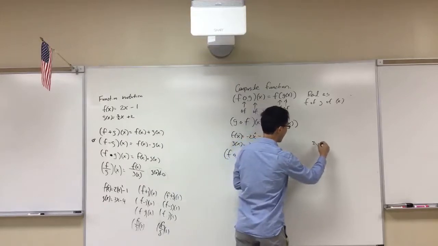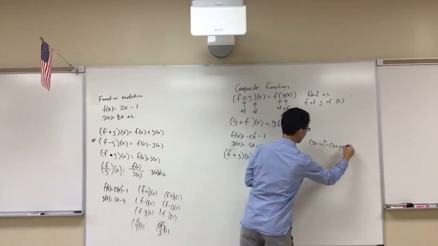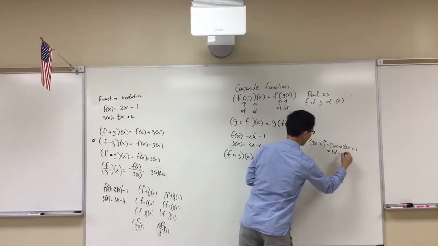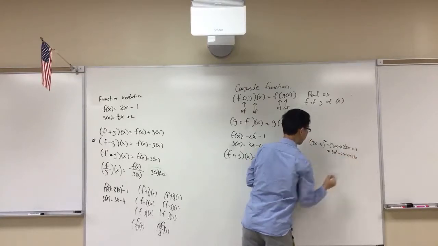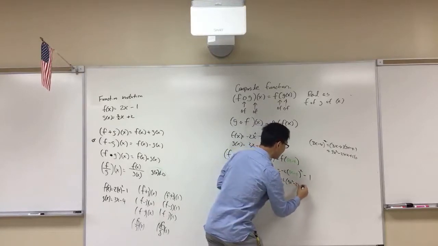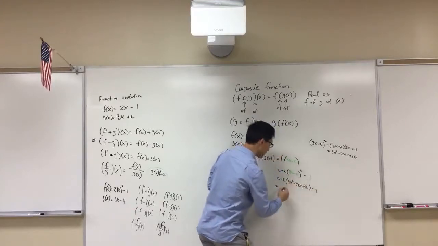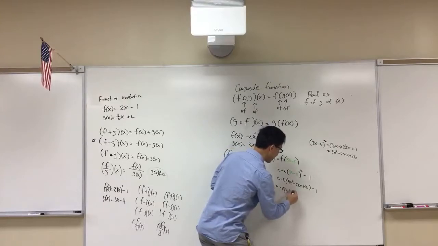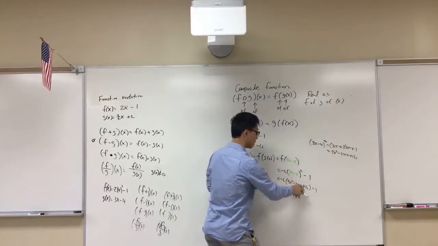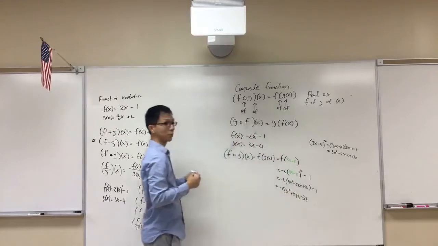I can write that on the side: 3x minus 4 times 3x minus 4 is a perfect square trinomial, so it'll be 9x squared minus 24x plus 16. So minus 2 times 9x squared minus 24x plus 16, and the minus 1. Now this negative 2 is going to distribute, so it'll be negative 18x squared plus 48x minus 32, minus 1, so it'll be minus 33. So that's my new function.